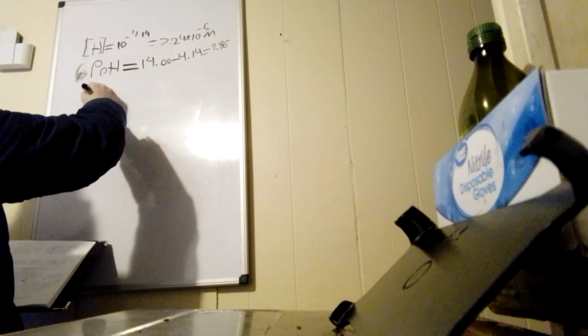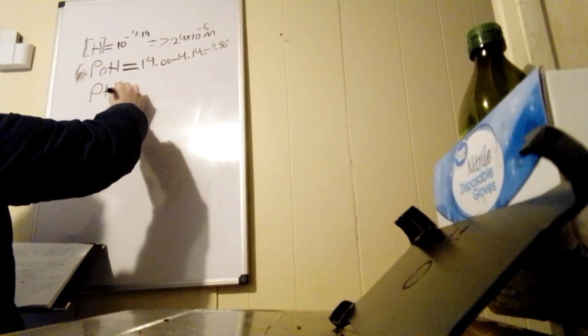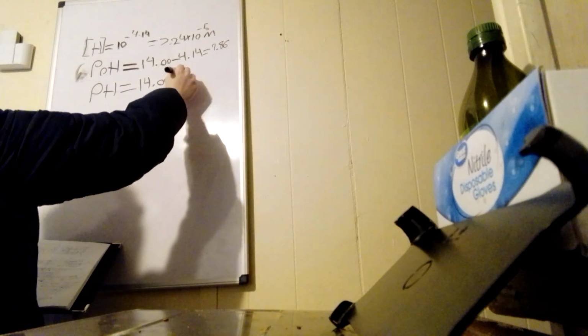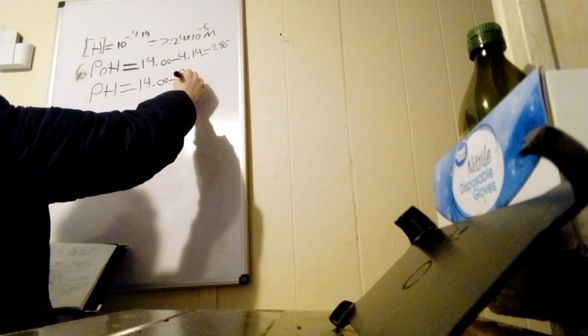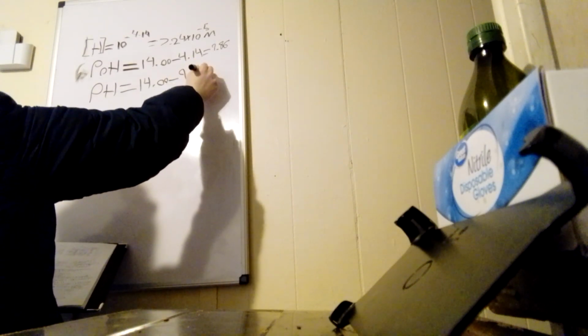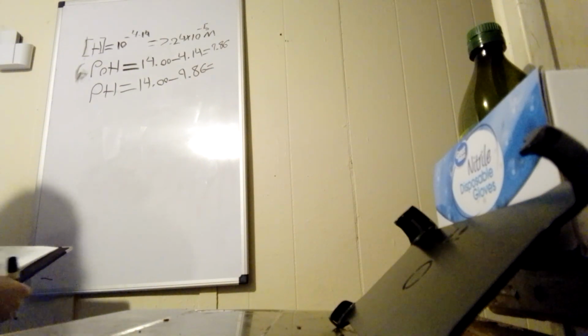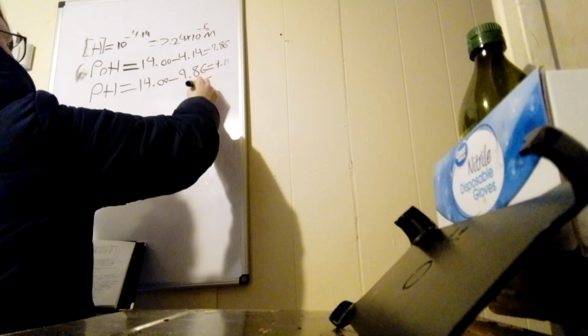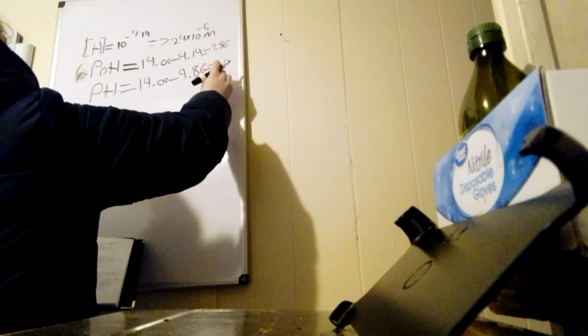So for example, we would have pH equals 14.00 minus our pOH value, which would give us a 4.14, which is less than 7. So our problem is very acidic.